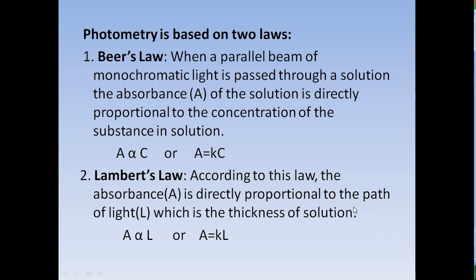In a cuvette the diameter is 1 centimeter, so the thickness of the solution through which the light passes is 1 centimeter. So A is proportional to L, we can write A equals KL, where K is a constant.